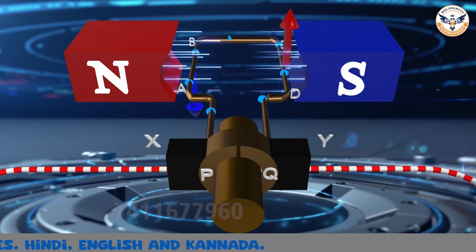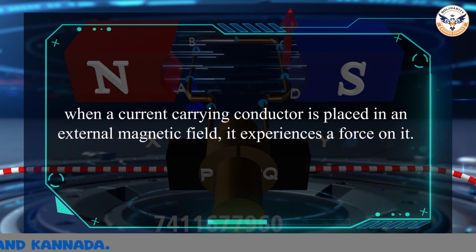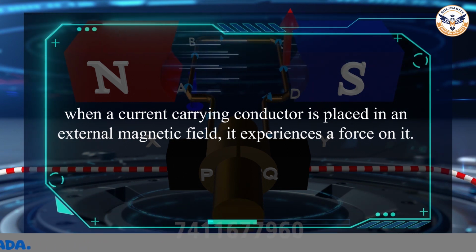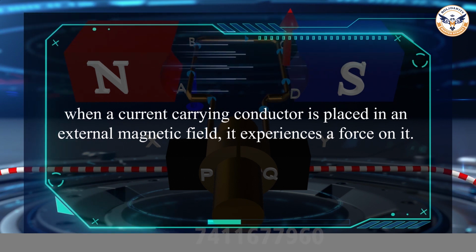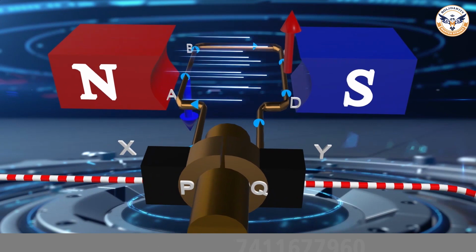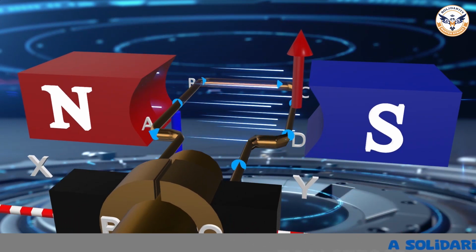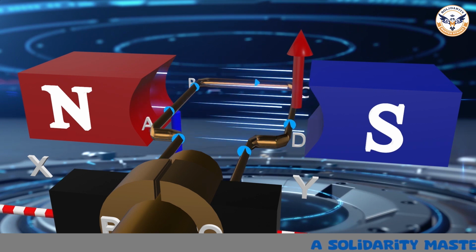We know that when a current-carrying conductor is placed in an external magnetic field, it experiences a force on it. And the direction of force can be found by using Fleming's left-hand rule.